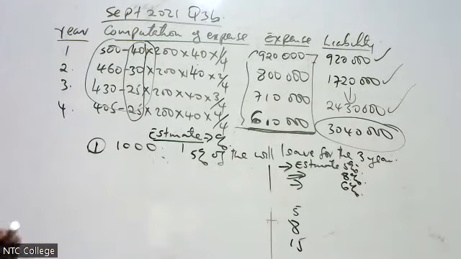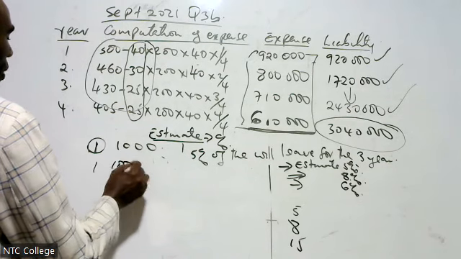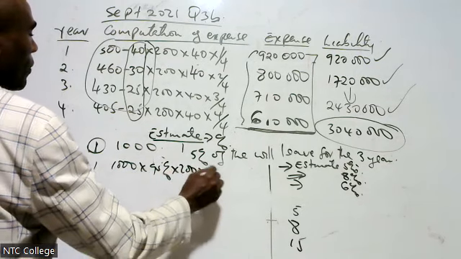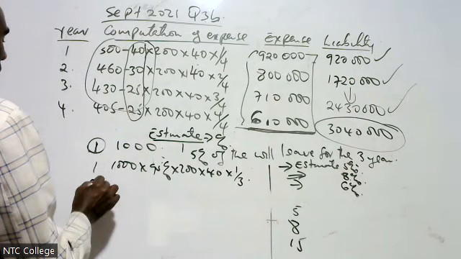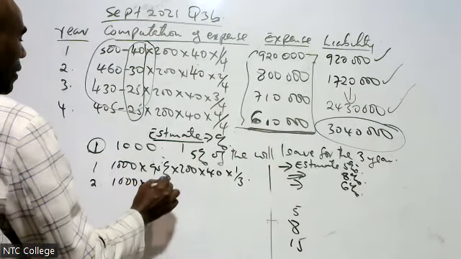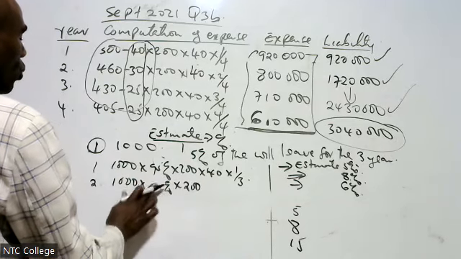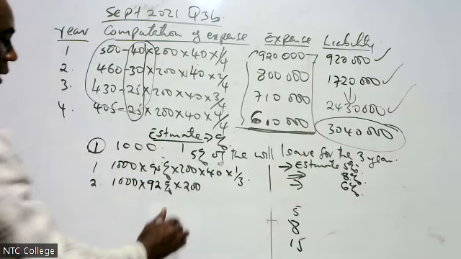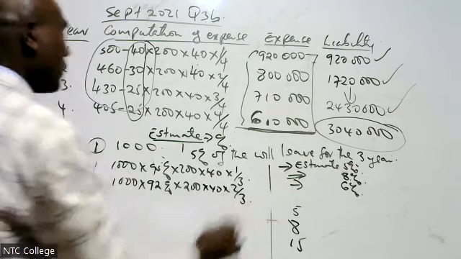Now, in year one, I'm going to take 1,000 employees times 95% times 200 times 40 times 1/3. When I come to year two, I will take 1,000 times 92% times 200 times 40 times 2/3.